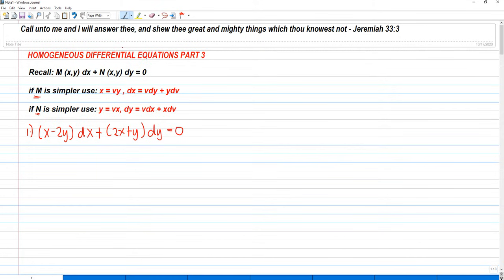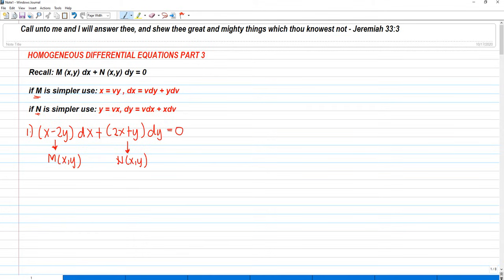Now what are we going to use? Is it M or N? If we recall, this is our M in terms of x, y, and this is our N, a function of x, y.